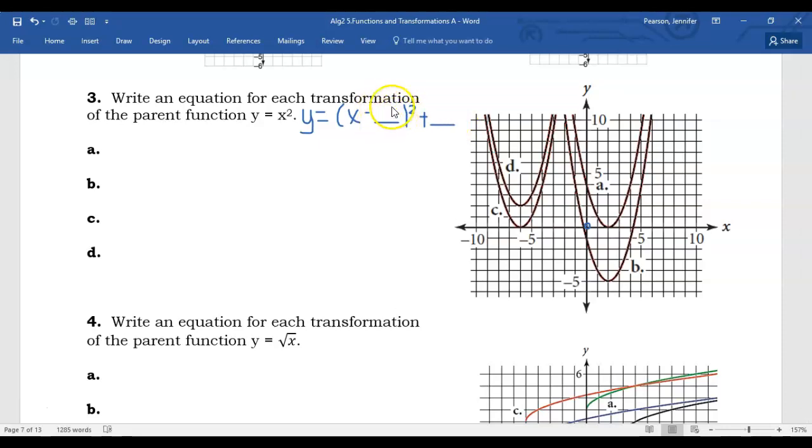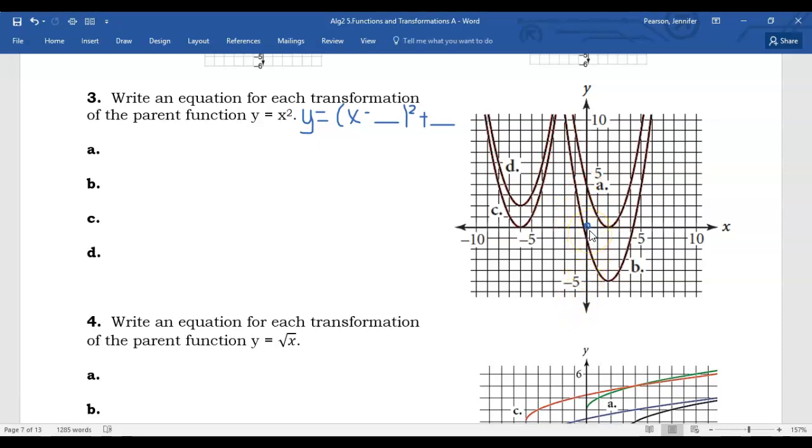And however far the graph moves left and right would go here. And it's backwards from what you would think. Even though we're moving to the right for positive numbers, it's going to be a minus. And then moving to the left for negative numbers, it's going to be a plus. But then on the outside, whatever's moving it up and down is going to be what you would expect it to do. So numbers moving up would have a plus, and numbers moving down would have a minus.